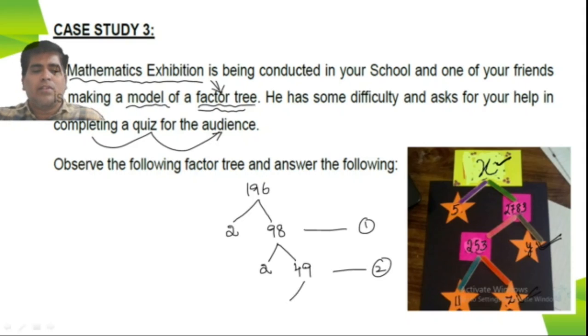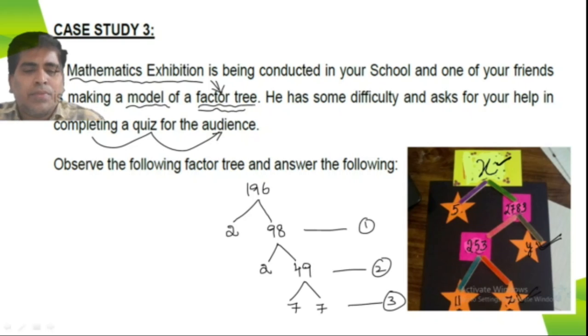Again, 49 can be expressed as 7 into 7. This is the third step. Based on these three steps, I have completed the factor tree of 196.